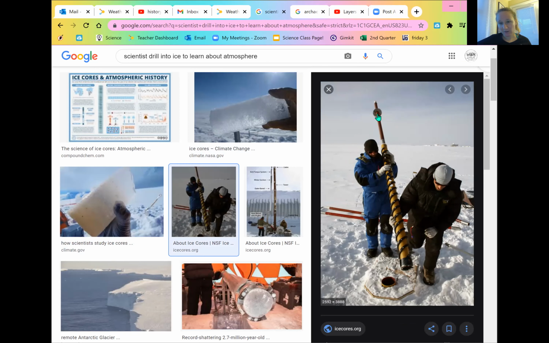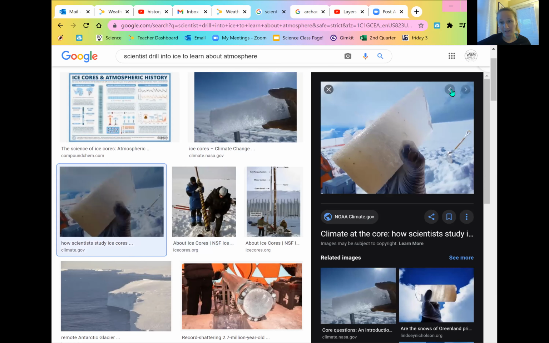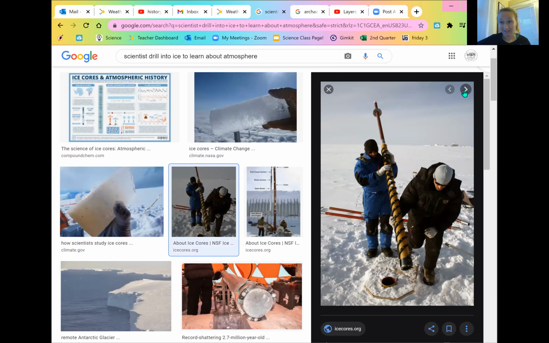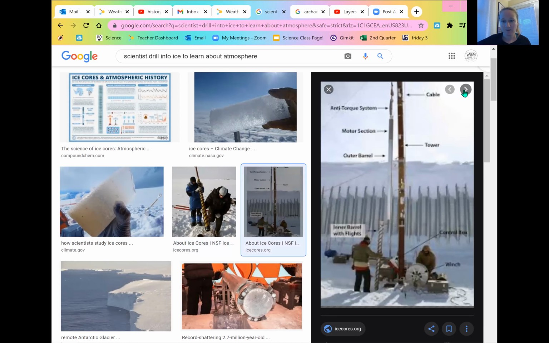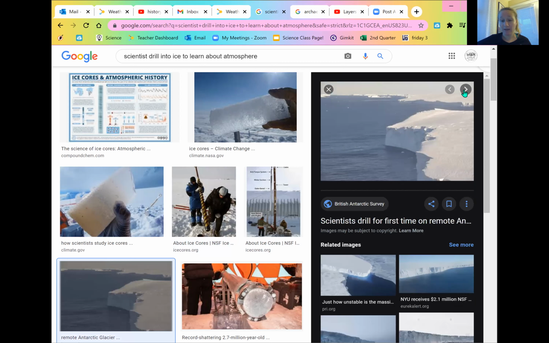And then what it does is it collects a tube like this, and then they can study the particles that are inside of it and learn about, was there a lot of pollution? Was the air clean? Was it dirty? And all different information. Okay, so this is an ice core that can do that. Yeah, they're in very cold areas.